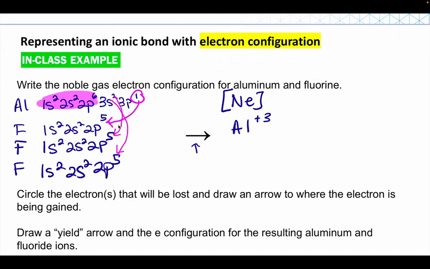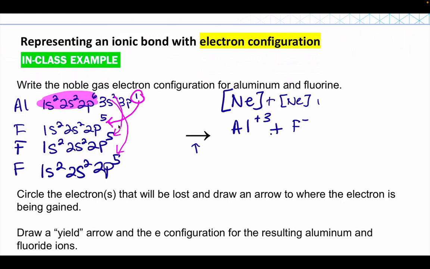Similarly, the fluorines, or the fluoride ions, each become like a neon, and we would write that ion also.